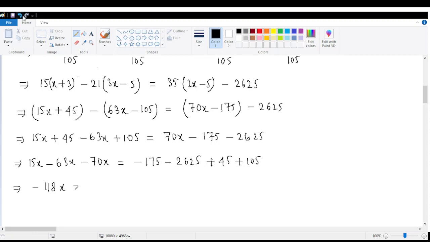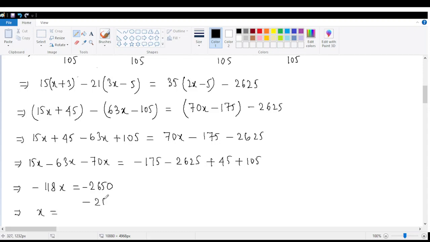And here, if you do the calculation, this is 45 plus 105, which is subtracted from the sum of 175 and 2625. So this is a total of 2650 with a negative sign, of course. Now you can see negative is on both sides. So now what is x?